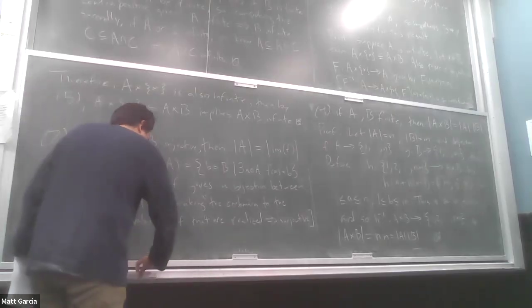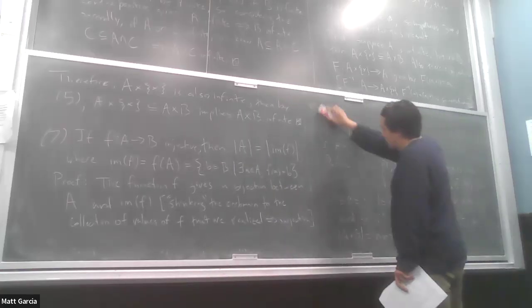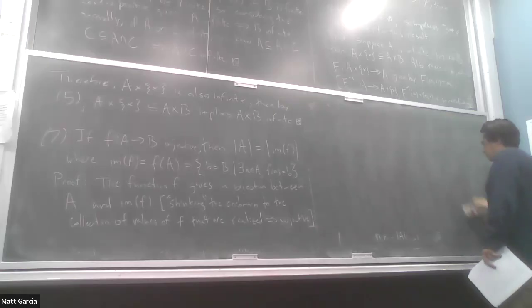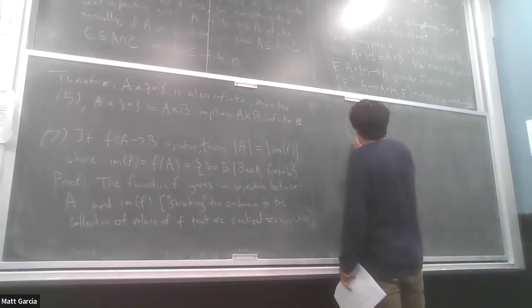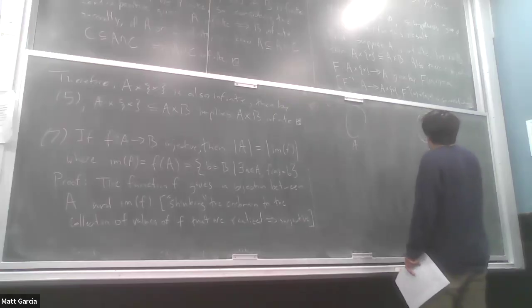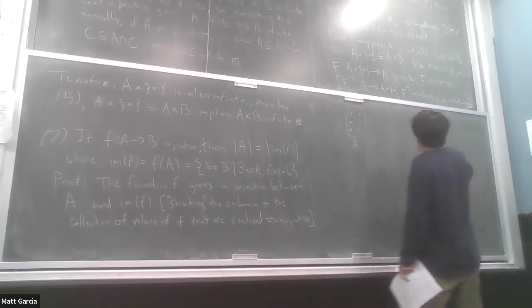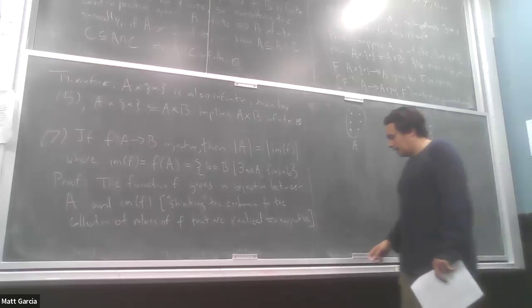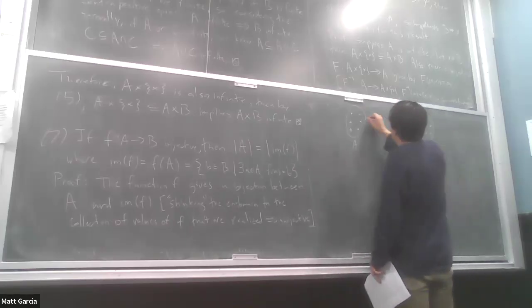Here's a picture. So here's a set A and a set B. Let's say I have a bunch of points here in A and a bunch more points here in B. My function F will do something like this.